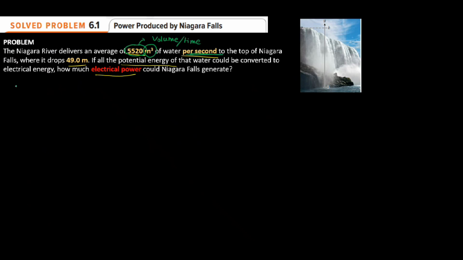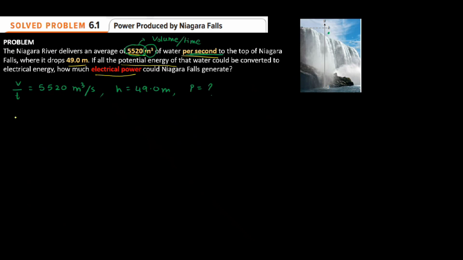I will write that as volume V over time T equals 5520 meter cube per second. Then they have given me the height from which the water falls. So height h will be 49.0 meter. If all of the potential energy of the water is converted to electrical energy, how much electrical power could the Niagara Falls generate? So I need to calculate what is the power P.